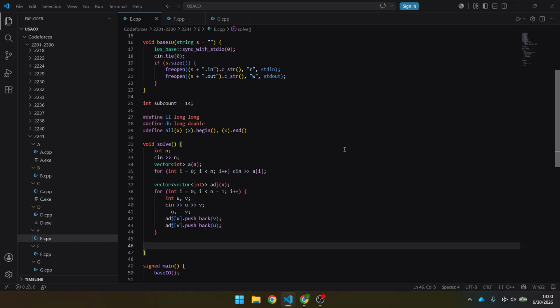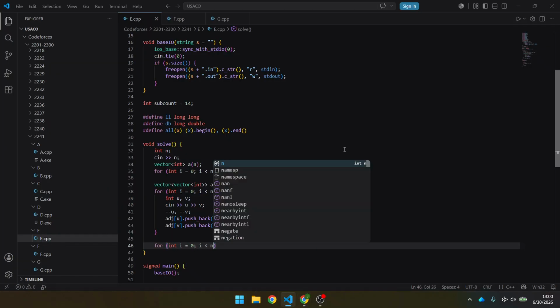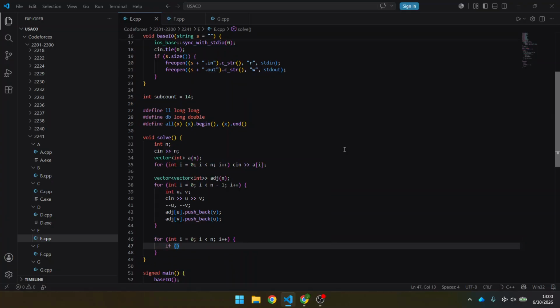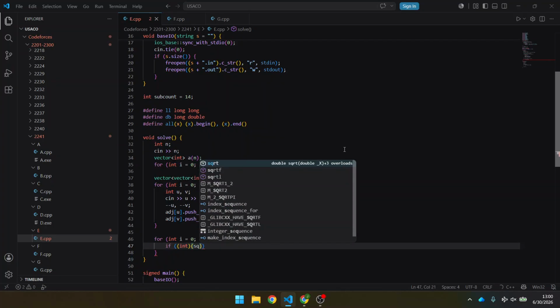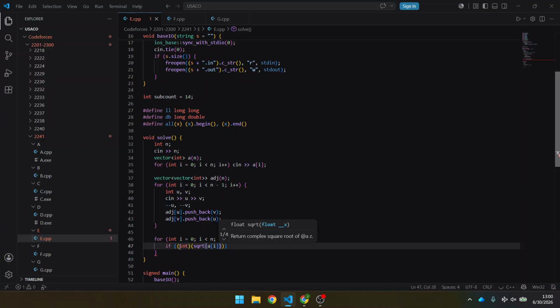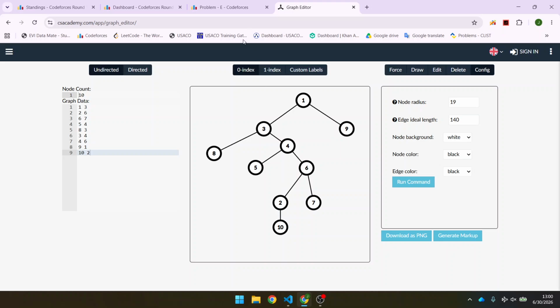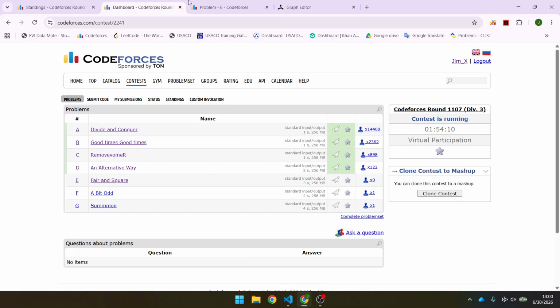Okay, so the first thing, if it's a perfect square, then we can use it.